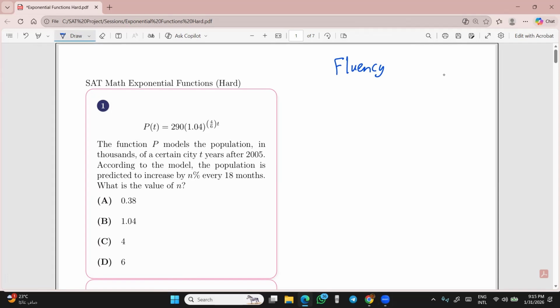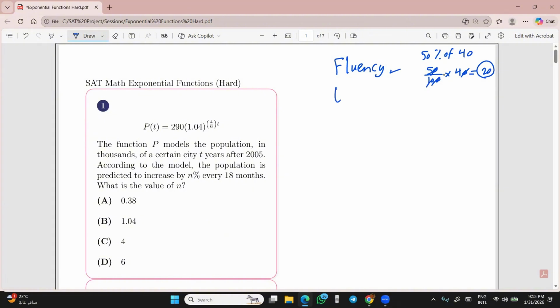For example, when I ask you to get 50% of 40, you are fluent and you write 50% means 50 over 100, as the teacher told you. Of means multiply, and then 40, and then cross the 0 with the 0, and 5 times 4 is 20. Okay, you are good now because you are fluent.